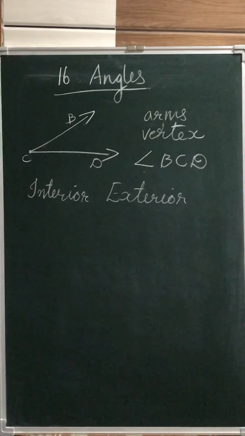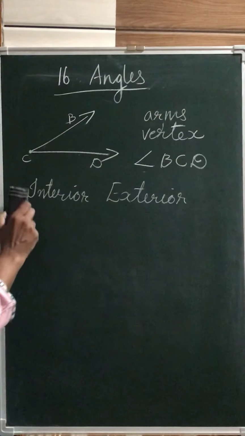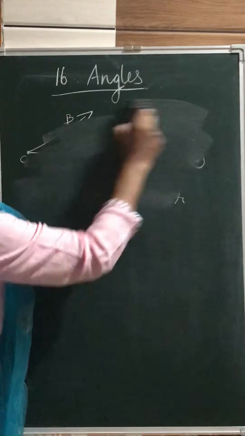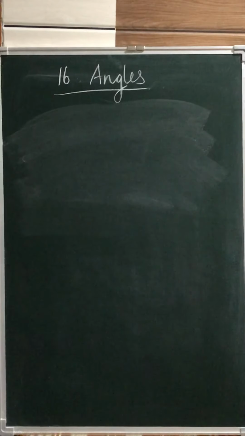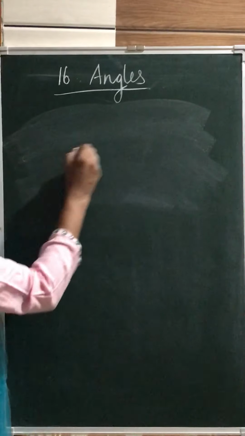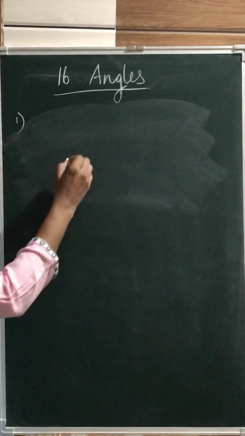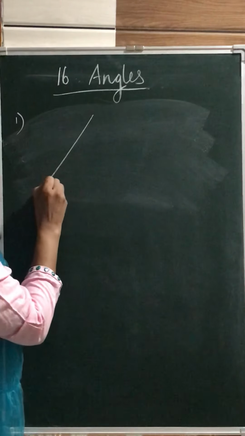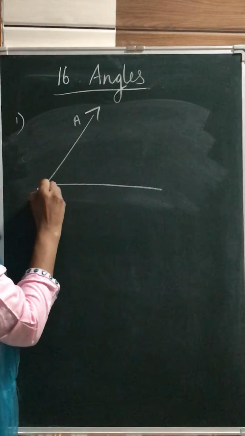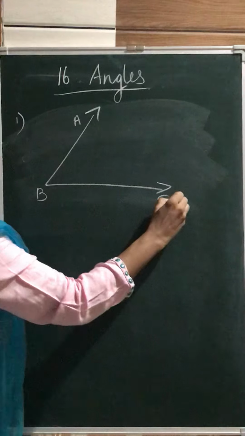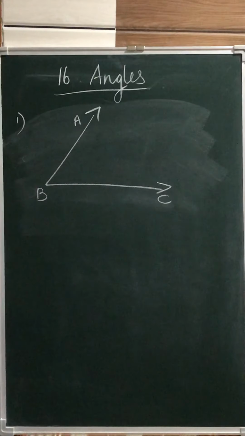How can we measure an angle? One angle I am drawing, A, B, C. We have to measure this angle.